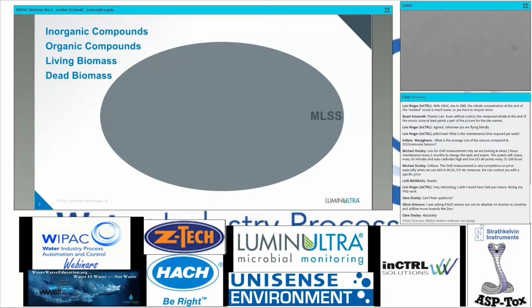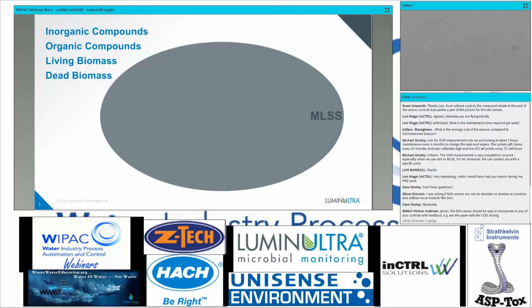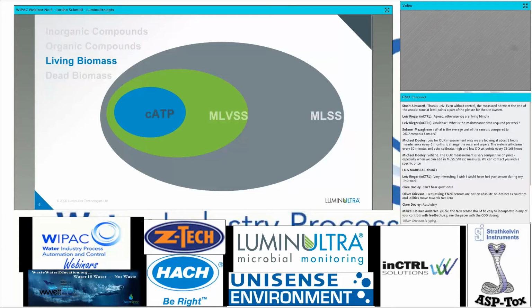Looking closer, as we move to just the volatile suspended solids, we get rid of those inert inorganics, but there's still a lot of organic compounds that are inert, not contributing to treatment, and dead biomass as well, alongside the living. And then finally, there's the ATP, and in this case, it's cellular ATP, so it's intracellular. There's no extracellular component at this point, and this is just going to be the living biomass.